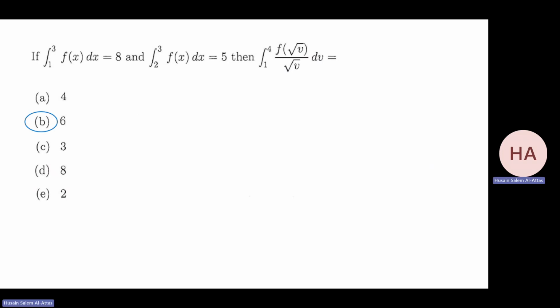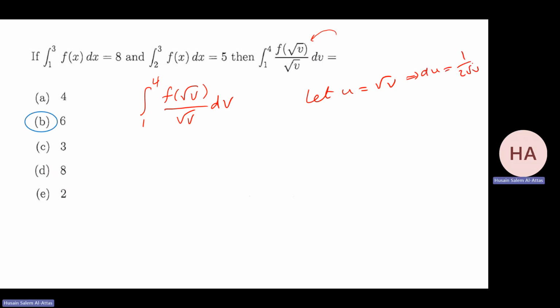Now we need to deal with the first one. I need to do this simplification. And notice the integral from 1 to 4 of f of square root of v over square root of v dv. So for sure, I will let u be square root of v. What will be du? Du will be 1 over 2 square root of v, so I have 2 and 2. Now I change the integral limits from 1 to 2.